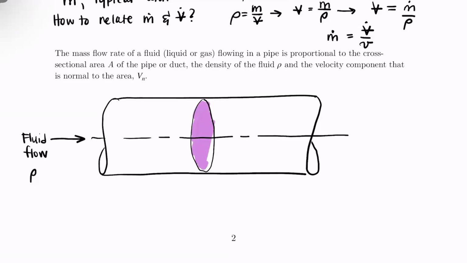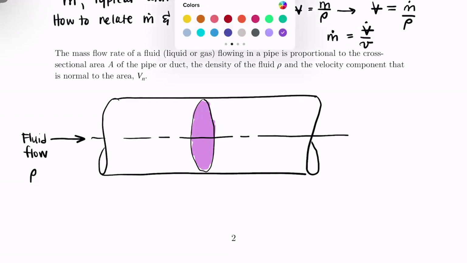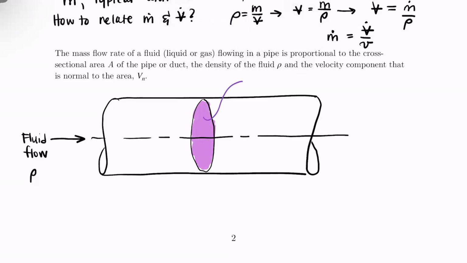This cross-sectional area is A, and for a circular pipe, this would be pi r squared or pi d squared over 4.